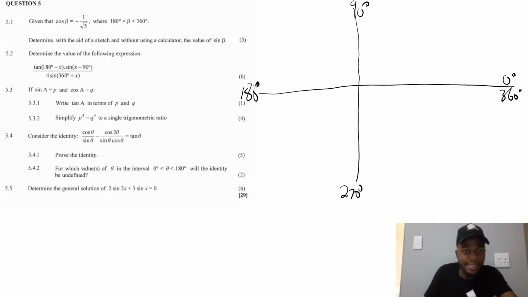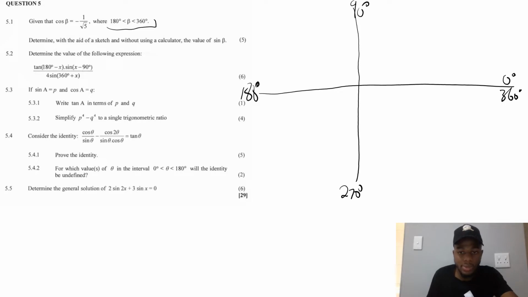Okay, so this given interval talks about two quadrants. You need to know between quadrant number 3 and quadrant number 4, where you are going to sketch this diagram. By checking here, we have cos beta equal to negative, -1 over root of 5. So our cos is negative.